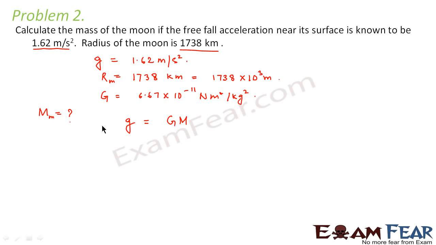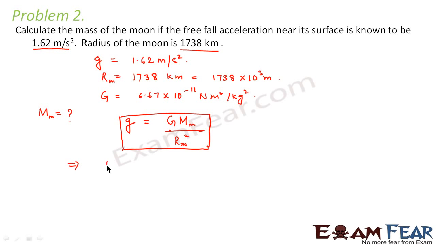Till now we were talking about Earth. So here it would be Mm divided by Rm square. So this would be the expression for acceleration due to gravity on the surface of the moon. So this would be g is equal to GMm divided by Rm square.